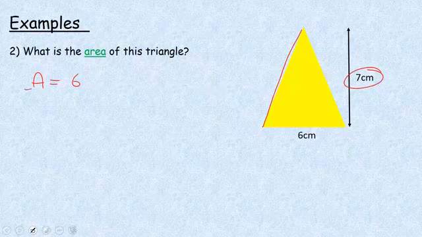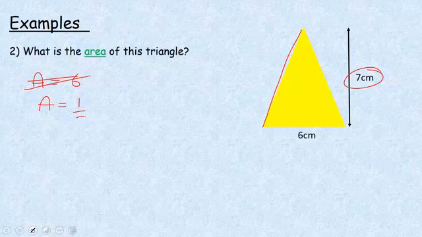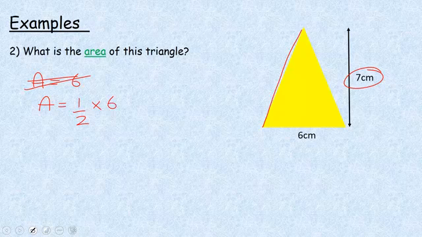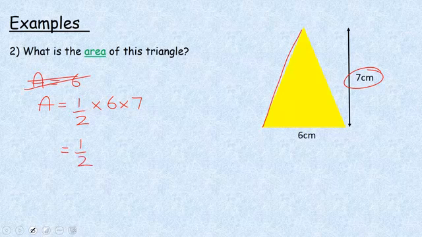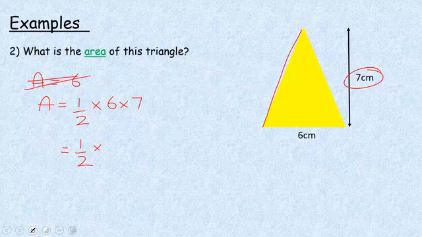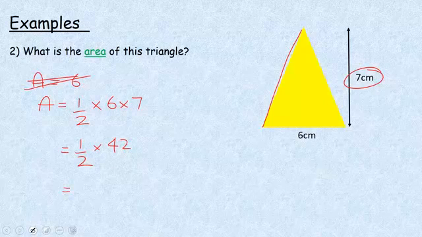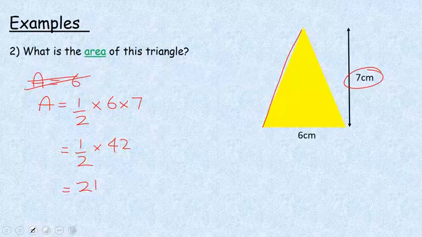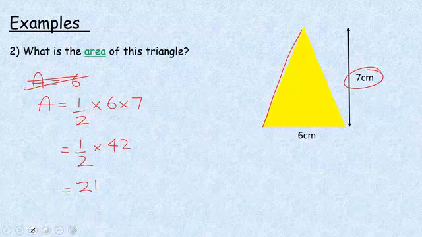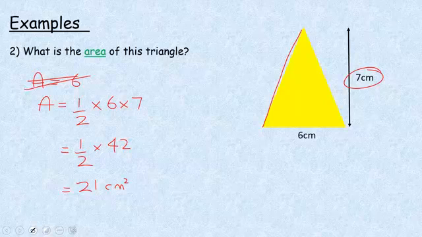No, it isn't. The area is equal to 1/2 times 6 times 7, which is 1/2 multiplied by, we know that 6 times 7 is 42, and 1/2 of 42 is 21. Looking at our question again, we've got lengths in centimeters, so our area is centimeters squared.